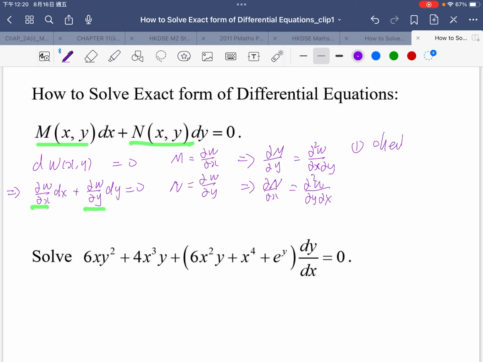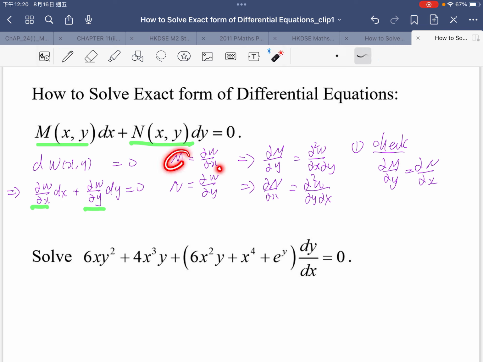Therefore, we have to check first: partial M partial y is equal to partial N partial x. That's the first one. Second, how to find the function of W?